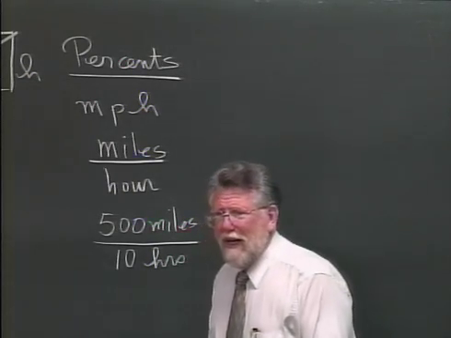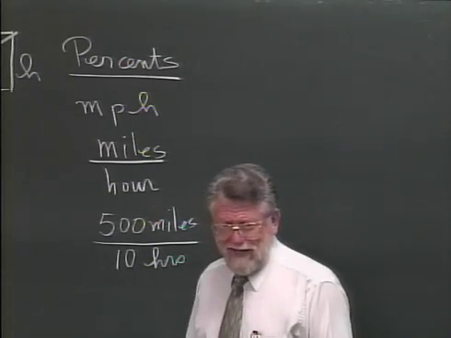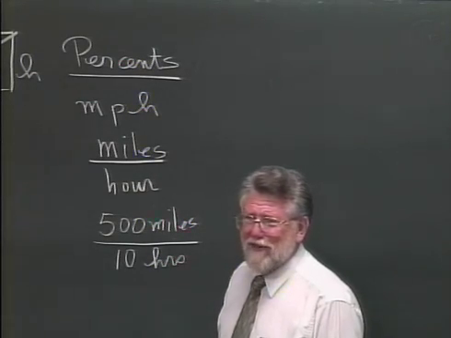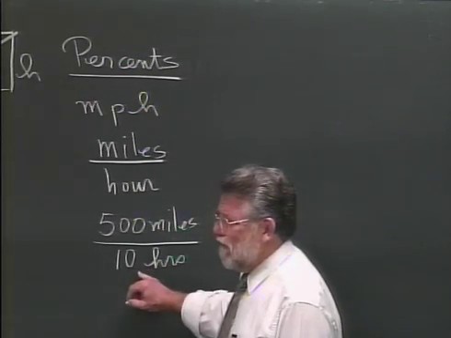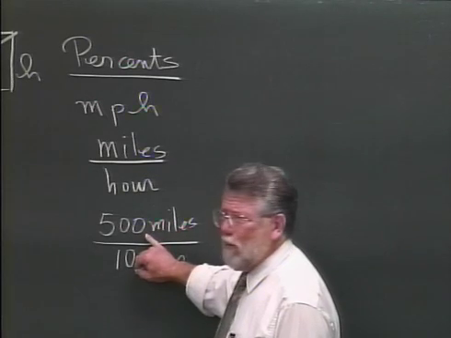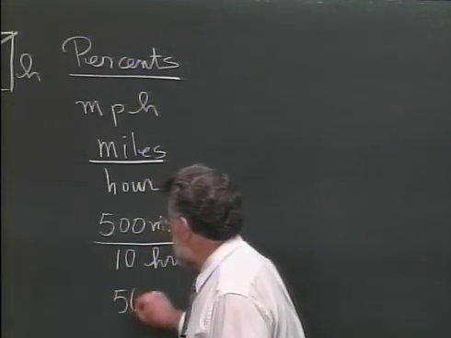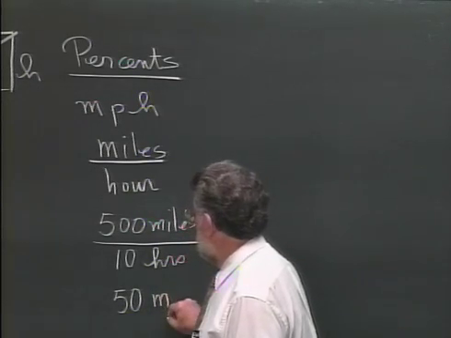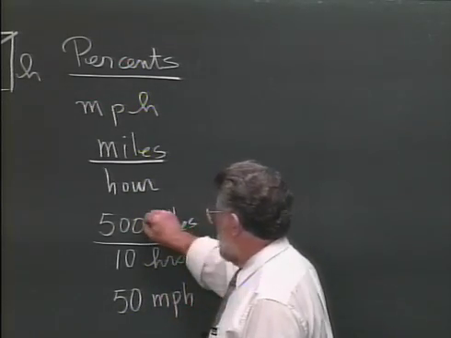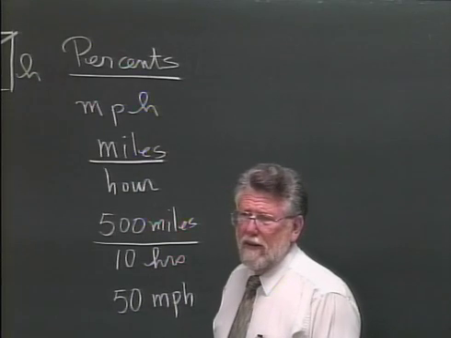I'm dividing by a power of 10, 10 to the first. This is from yesterday. So I'm dividing by 10 to the first. It moves the decimal that you don't see one place to the left. So it's 50 mph, but it means 50 miles over 1 hour.